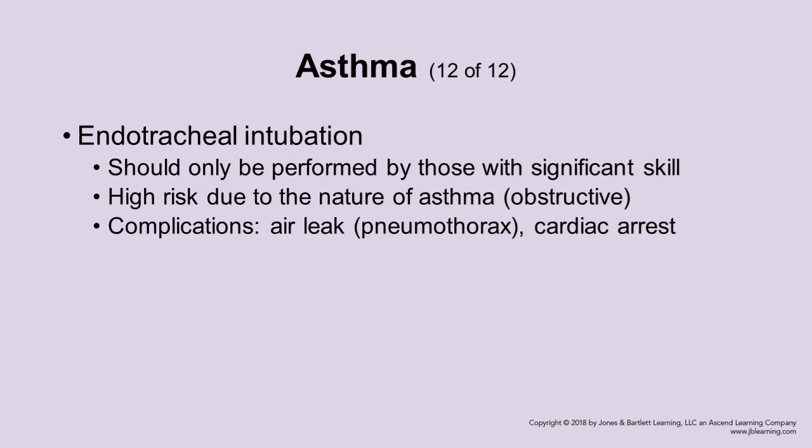This can cause complications such as air leak or pneumothorax with air leaking outside the lung. And with severely increased intrathoracic pressures, as we see in asthma, it can cause decreased preload to the heart and cardiac arrest, which is obviously an emergency. So we try to avoid intubation and use non-invasive techniques of respiratory support if at all possible.